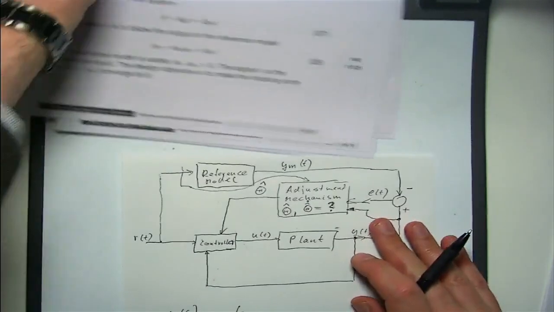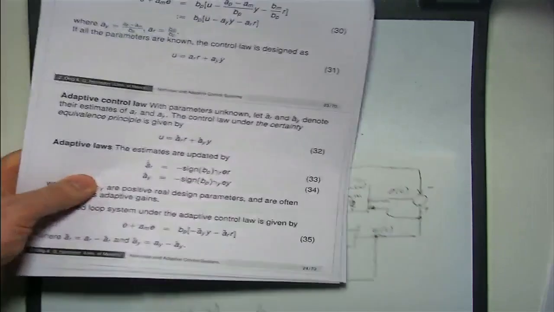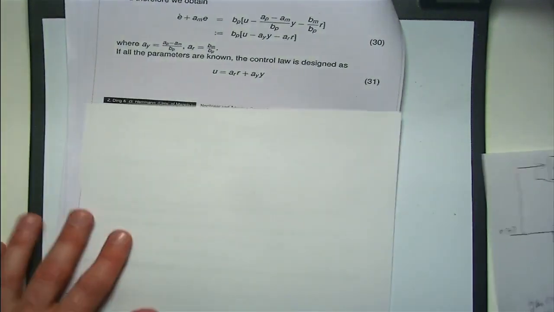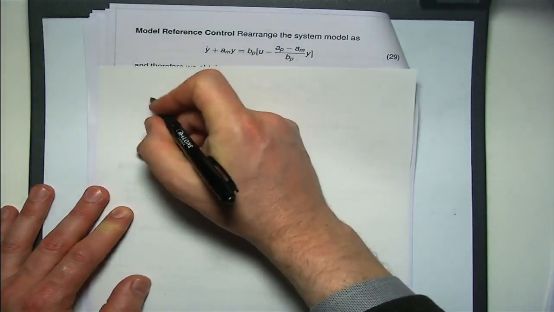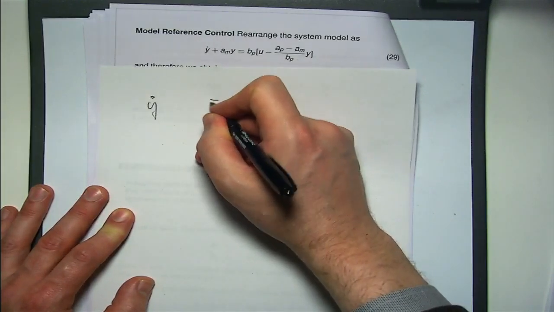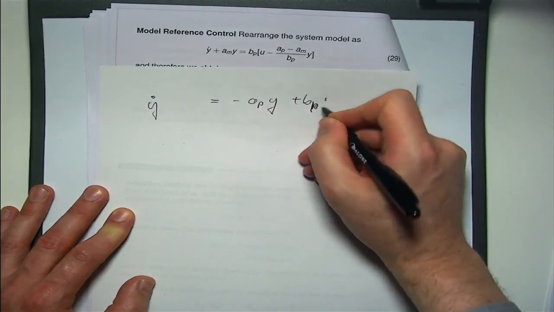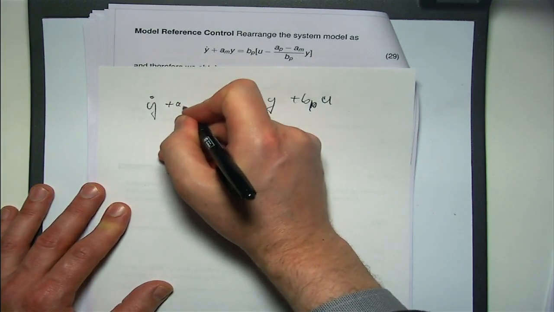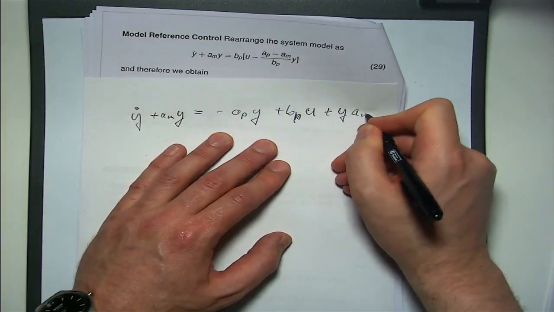If you look at the next step here, we have this equation written down, which is a bit unpleasant, but not that unpleasant, because we're simply taking our original equation y dot equals minus Ap times y plus Bp times u, and all we're doing in this case is adding Am y, and also adding y times Am.